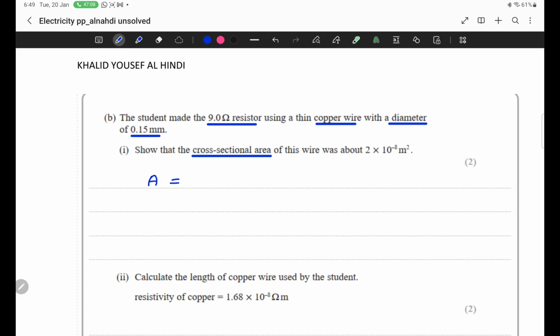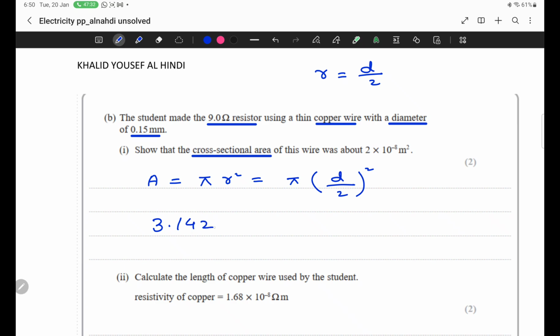Sir, area of cross section is pi r square, where radius is half of the diameter. Some teachers say pi diameter square upon 4, so everyone is right.